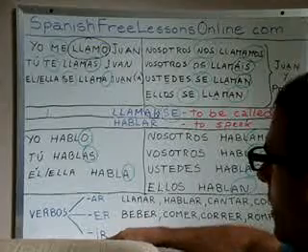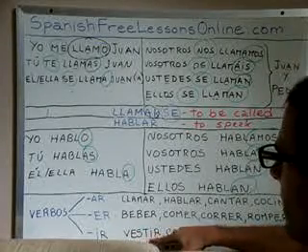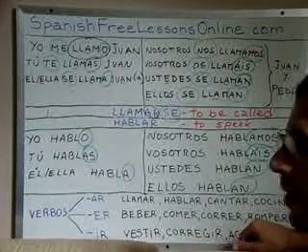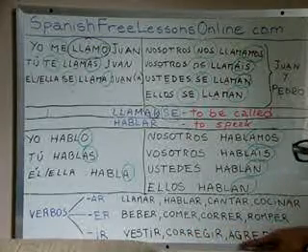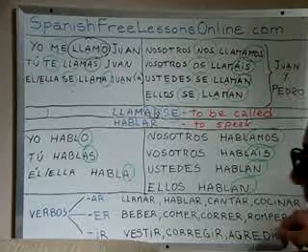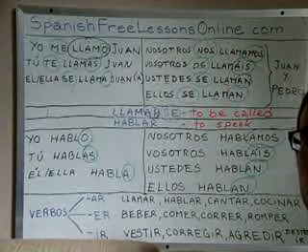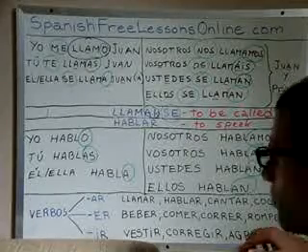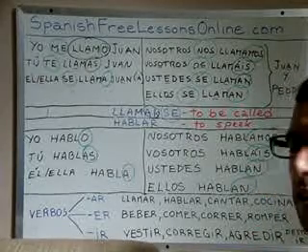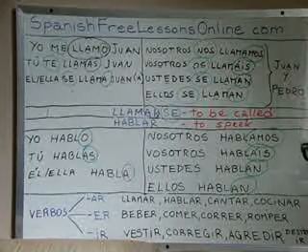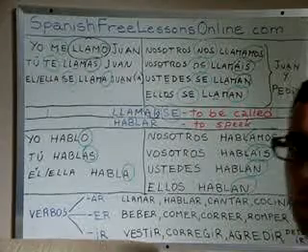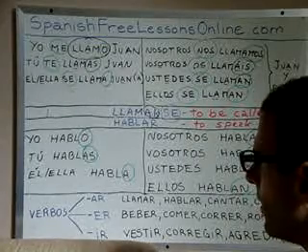With verbs ending in ir, vestir, to dress, corregir, to correct, agredir, that's to attack somebody, right? We also have the verb atacar, but agredir is a synonym for to attack somebody, right? To use violence against somebody. Destruir, to destroy.